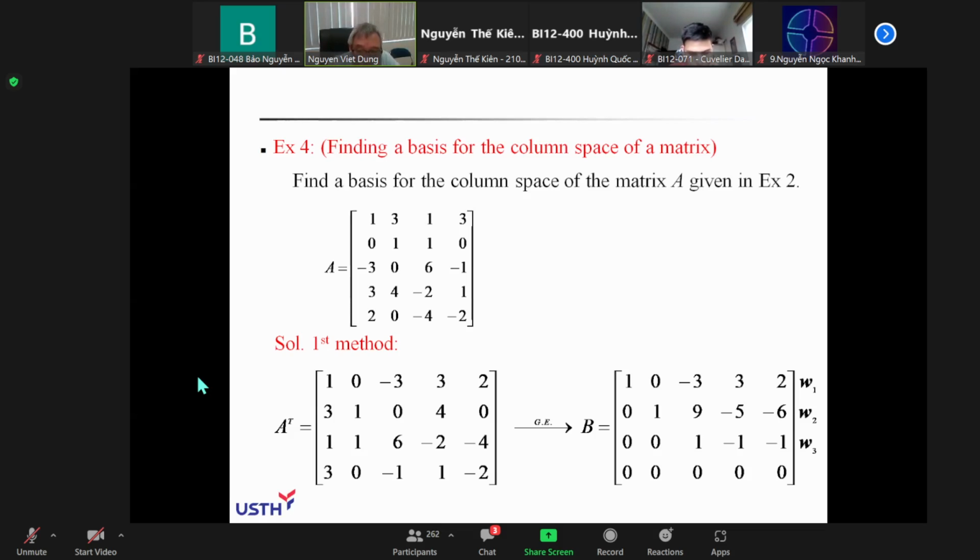And again, applying Gaussian elimination, you transform A transpose into B, and B now is already in the row echelon form. It has 3 non-zero rows, the first, second, and third row, and those vectors will be a basis for the column space of A, or the row space of A transpose.